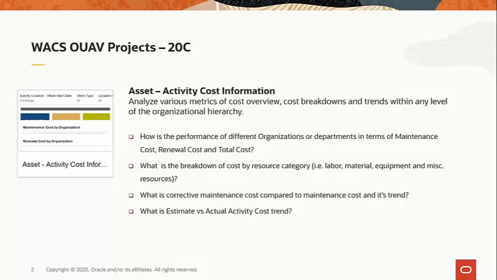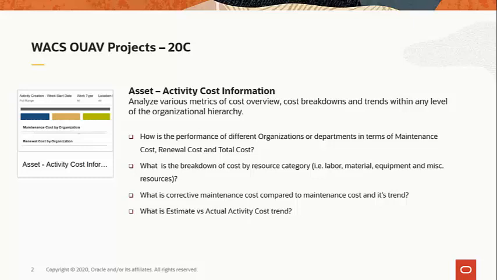These canvases can help you in answering some of the complex questions like what is the overall performance of a particular organization or a department related to how much is the maintenance cost, renewal cost, the total cost, what is the breakdown of the cost based on the resource types, how much into labor, material, equipment, what are your corrective versus preventive maintenance hours, trends, the estimate versus actual comparison, whether we are actually spending more cost on the actual than what we have estimated, etc. So those complex questions can be easily answered and you can get a lot of inputs from these canvases.